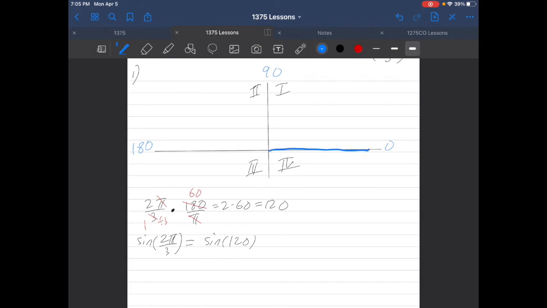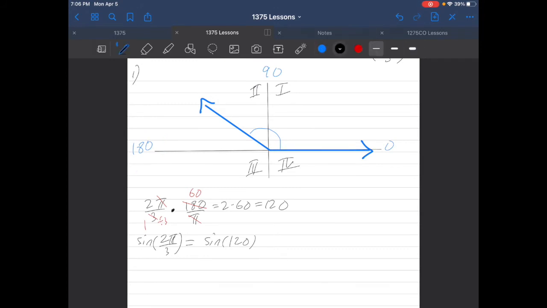Again, we always start here on the positive x-axis, and this angle in particular is going to swing here, and it's going to stop somewhere there. You don't have to be exact. We don't need a protractor or anything like that, but this angle is 120 degrees, so it does sit somewhere between 90 and 180.